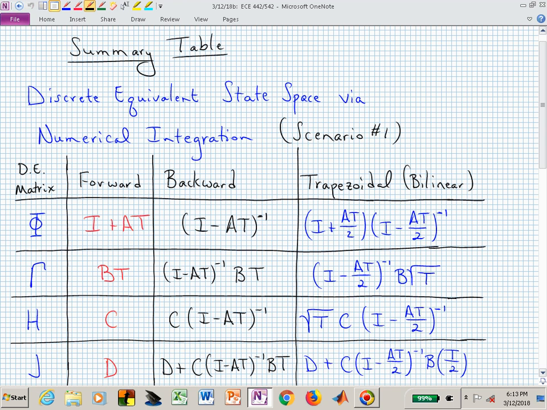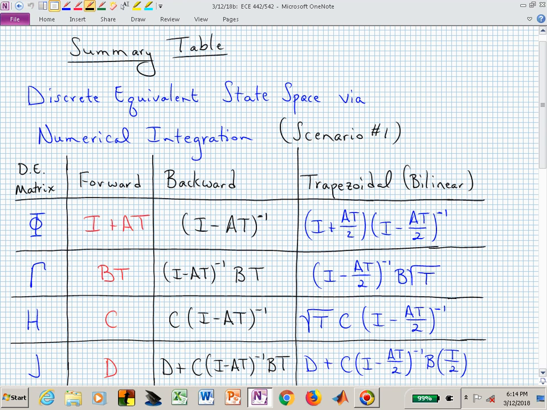And you'll just use those formulas to get the phi, the gamma, the H, and the J. Now you should be thankful we're not deriving that rightmost column. But that's the trapezoidal relationship.